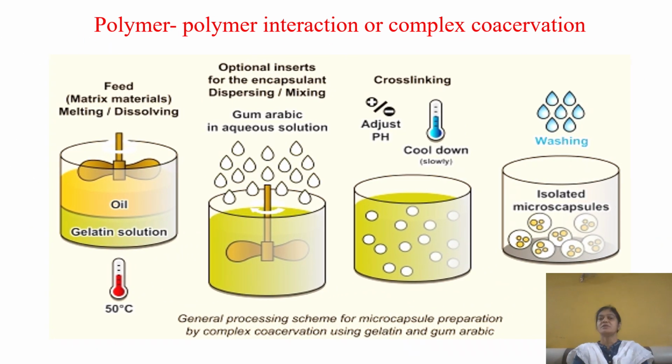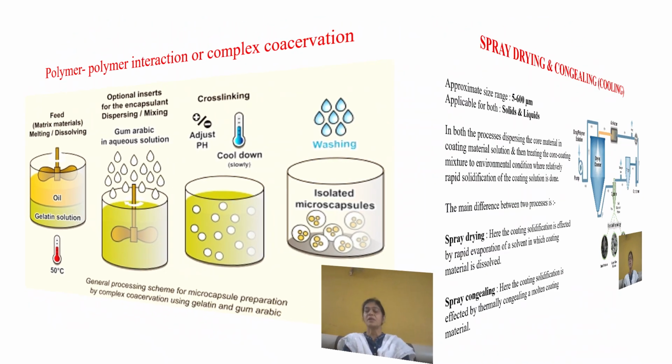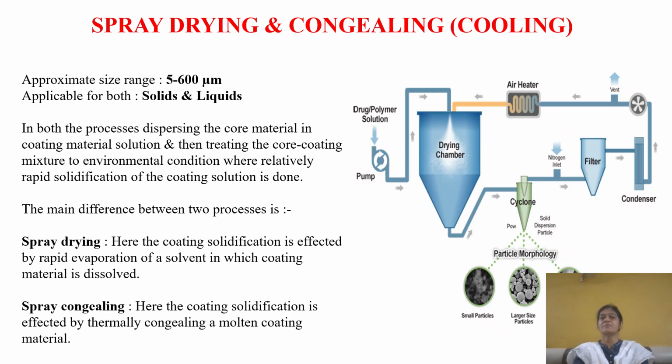Now, this is the diagrammatic presentation of polymer-polymer interaction, or complex coacervation, as I discussed earlier. Next technique, spray drying and spray congealing. Spray drying is the process where the coating solidification is affected by rapid evaporation of the solvent in which the coating material is dissolved.